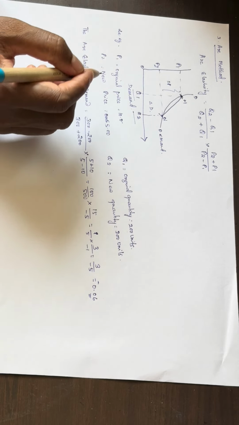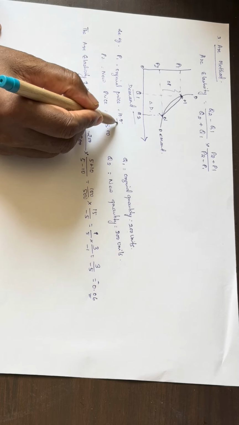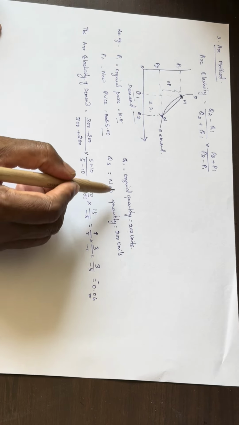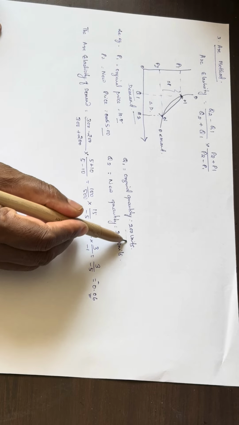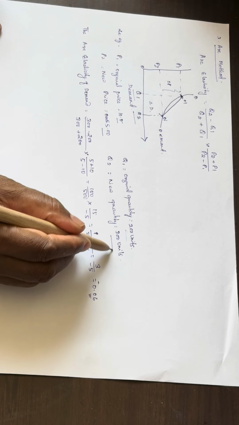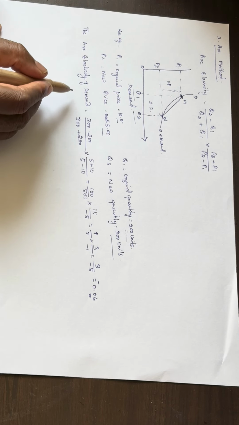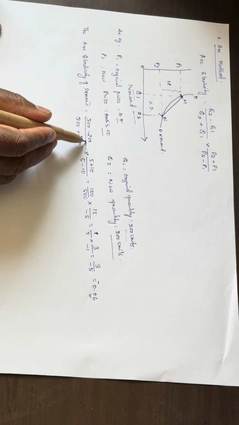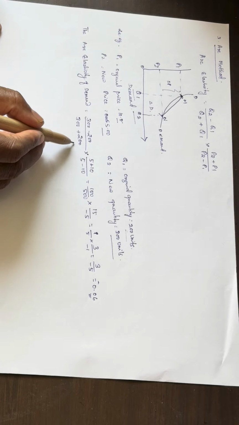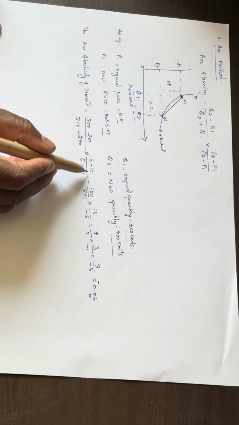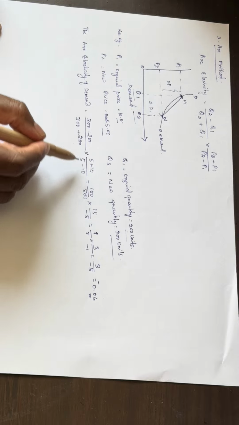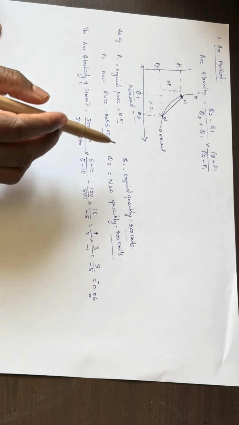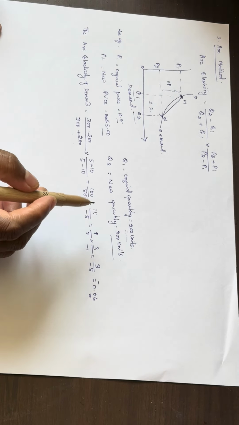We can take an example: original price equal to 10 rupees and new price equal to 5 rupees, and the original quantity 200 units and the new quantity 300 units. Now the arc elasticity of demand is calculated by 300 minus 200 divided by 300 plus 200, into 5 plus 10 divided by 5 minus 10, because we are substituting the values from this example into the equation.